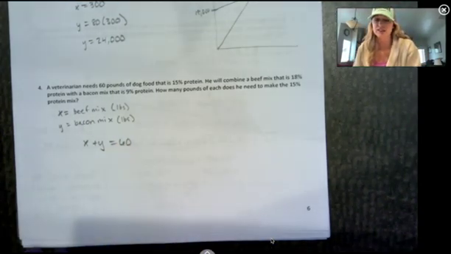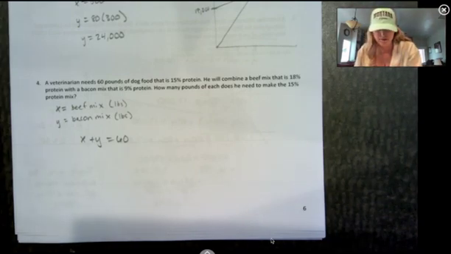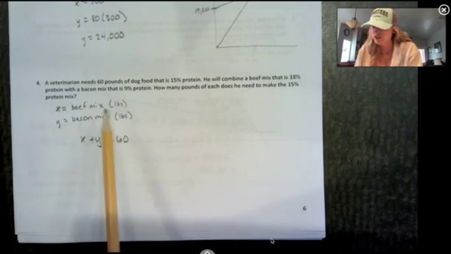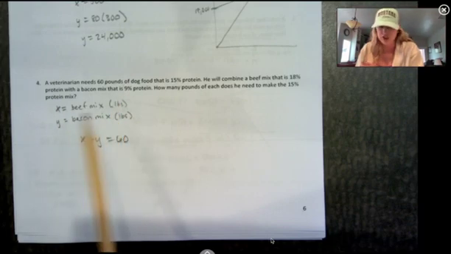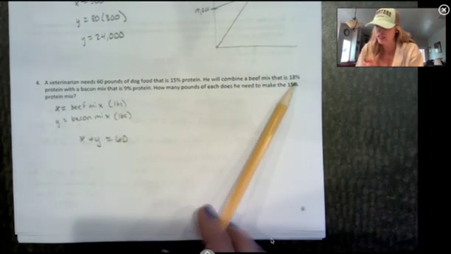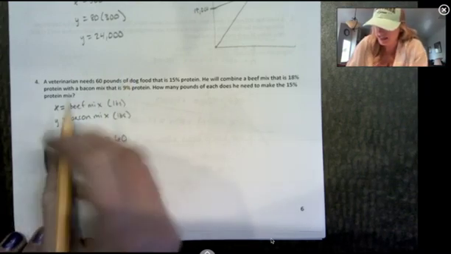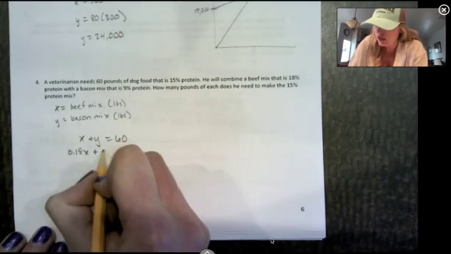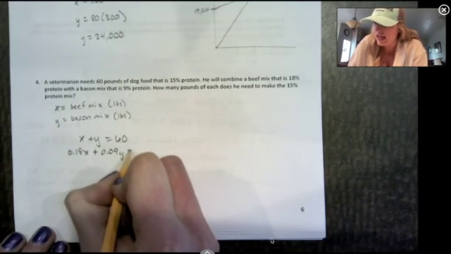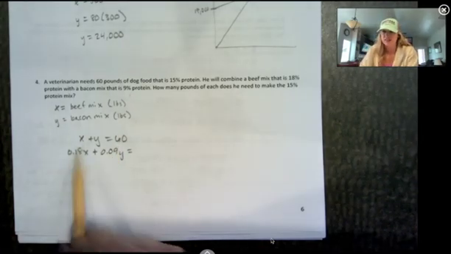The other equation is going to deal with the percentages. He wants to end up with a 15% mixture, and each of these protein mixes has a different percentage. The beef is 18% and the bacon is 9%. I'm going to write them as decimals, so 0.18x plus 0.09y. Now, I don't want to just set it equal to 0.15, because I don't want this to equal 15%.